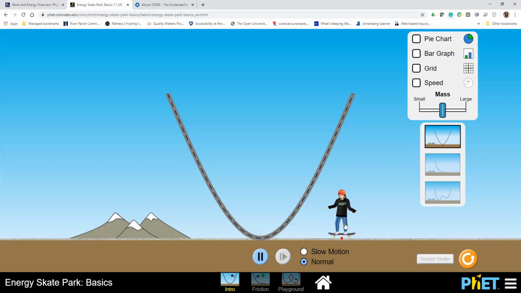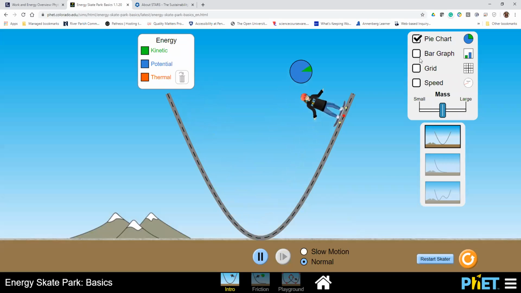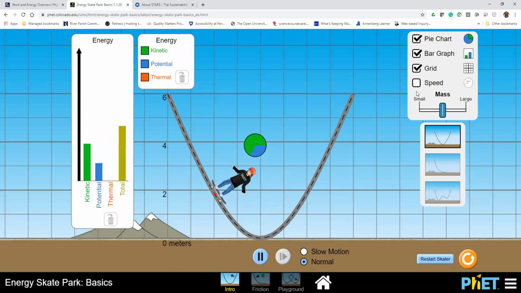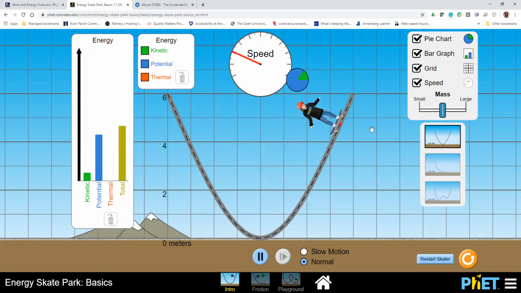The way this one works is you take the skater and you put them on the track, and then I'll turn on some of the things here while they're moving around. When you turn on all these buttons, you have the height being measured in meters, and you see it's keeping track of the energy for you.